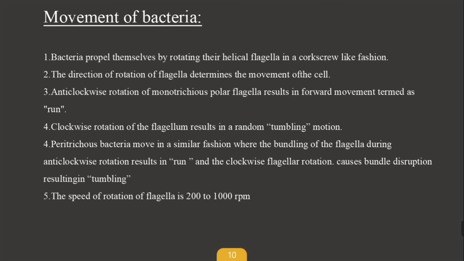Clockwise rotation of the flagellum results in a random tumbling motion. Peritrichous bacteria move in a similar fashion, where the bundling of the flagella during anti-clockwise rotation results in a run, and clockwise flagella rotation causes the bundle to disperse, resulting in tumbling. The speed of rotation of the flagella is 200 to 1000 rpm.